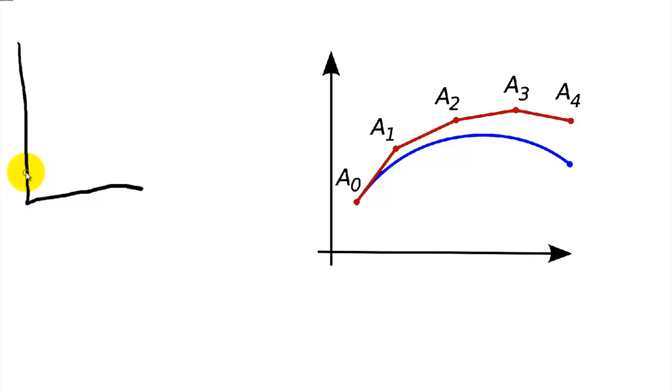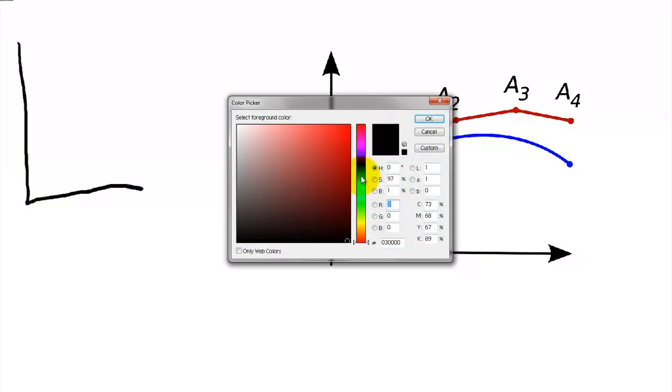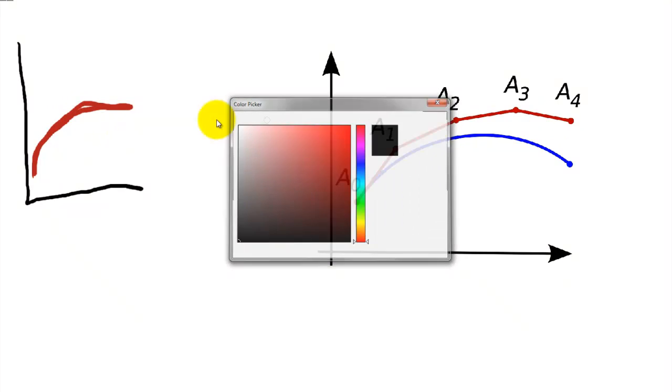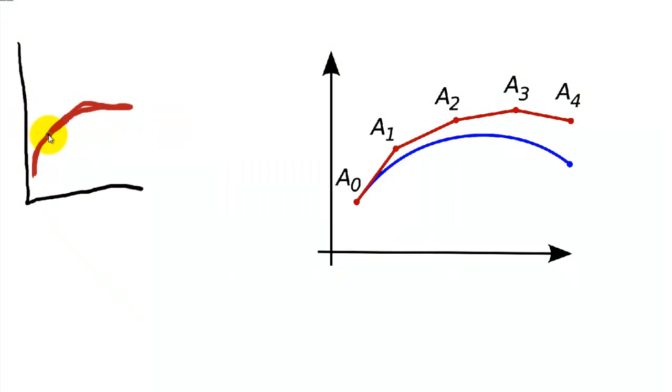So, let's say you are given a curve right here, and you know this point right here to be, say, (1, 0).